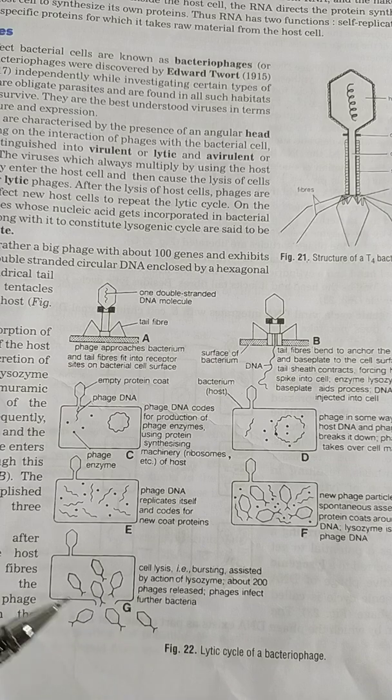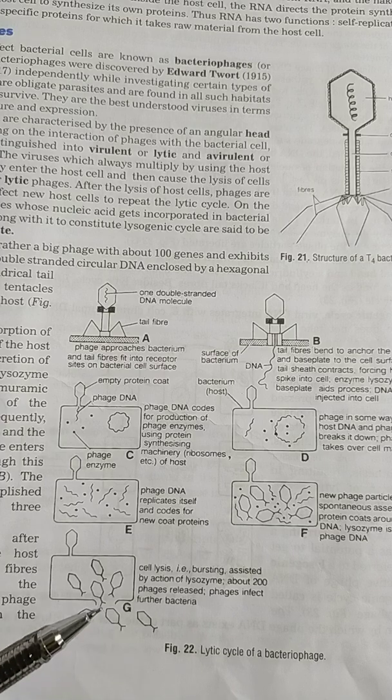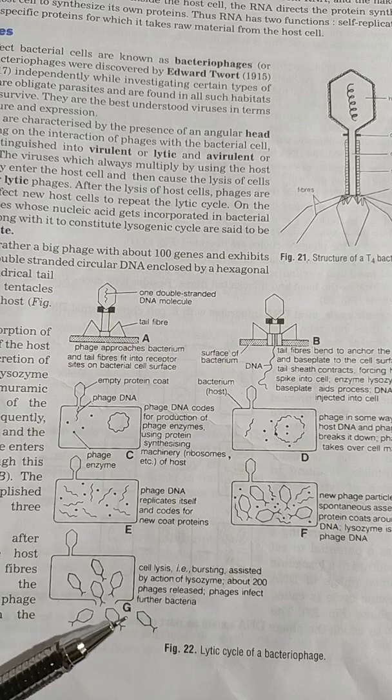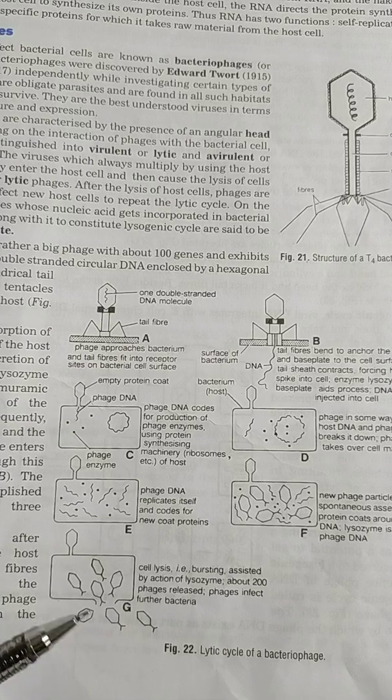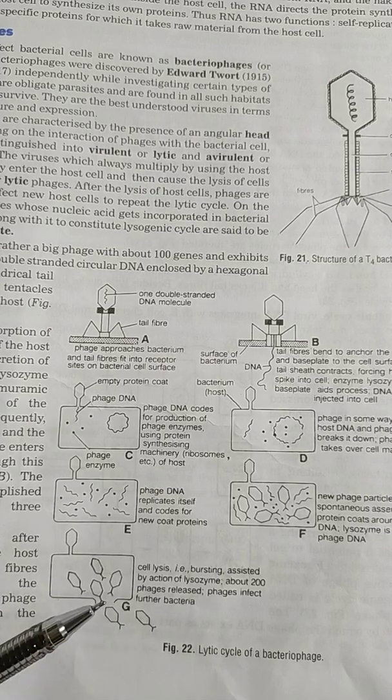So we see the wall is broken down, phage particles come out. It is facilitated by which enzyme, children? By a lysozyme secreted by phage DNA in the host cell. The host cell finally ruptures and results in lysis, and the phage particles are liberated outside to infect other hosts.